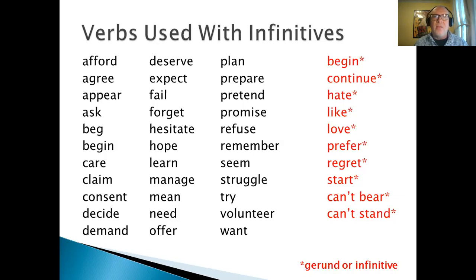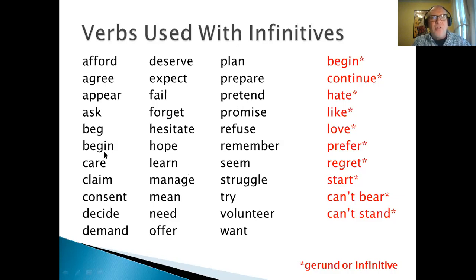So the list on the left side, infinitive only. The list on the right, gerund or infinitive. So all of these words can be gerund. Now, some of these words you might not know, but most of them probably are familiar to you. These are the words that use an infinitive.